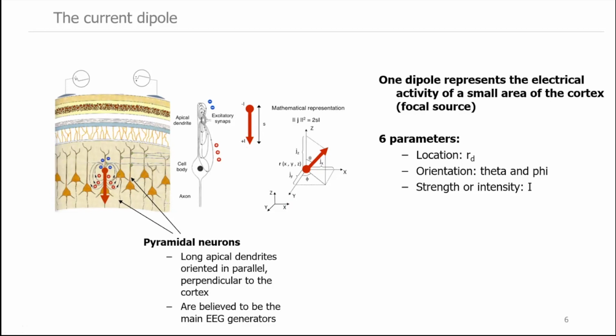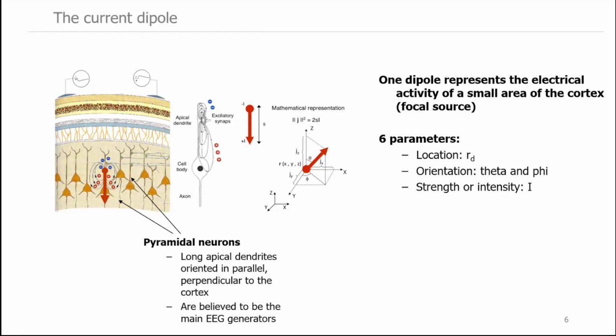So the location, so where is it in the brain? Is it somewhere in the temporal lobe? Is it in the occipital lobe? So that's 3 parameters here. Then you also have an orientation. So the pyramidal neurons are organized so the dendritic trees are perpendicular to the curvature of the brain.